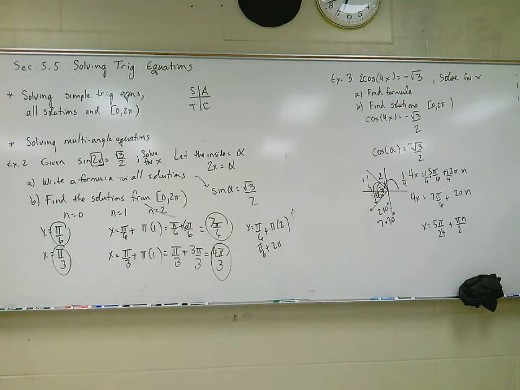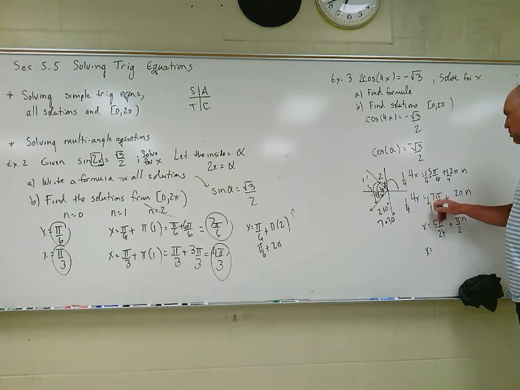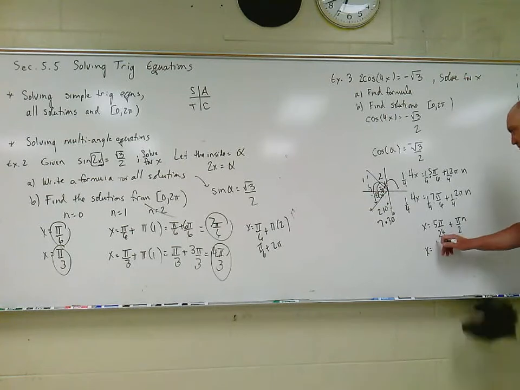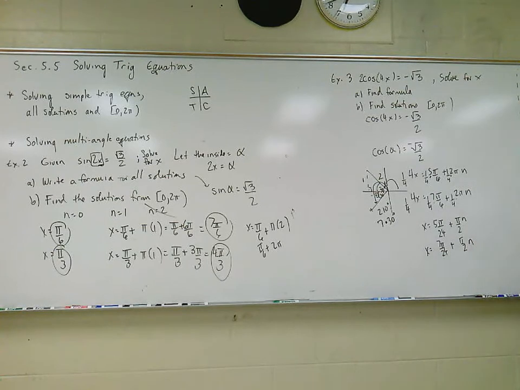Pi over 2n, however you want to look at it. And then on the next one, divide everything by 4. And we get 7 pi over 24 plus pi over 2n. All right. Now that is the formula.